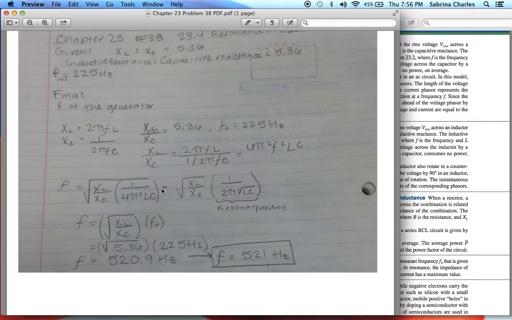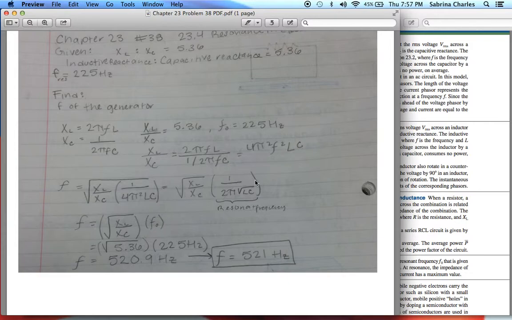And once we square root it, this comes out to be the resonant frequency, which we have. So that's perfect, actually. And so that just leaves us with the square root of XL over XC. So our final formula is F equals the square root of XL over XC times F sub 0.